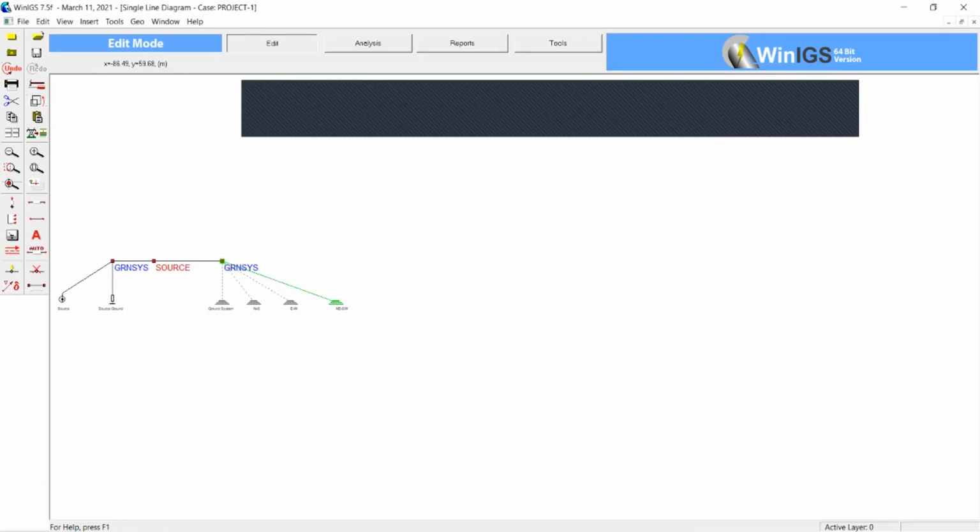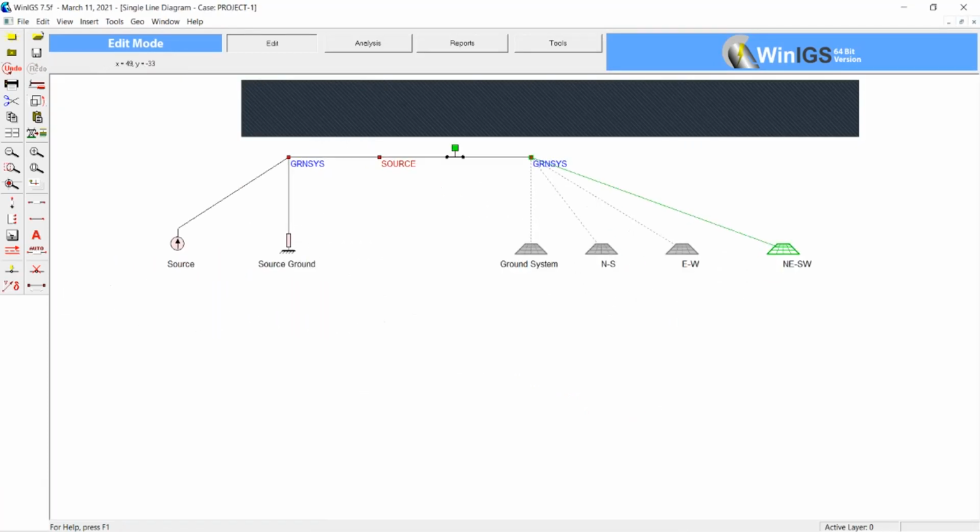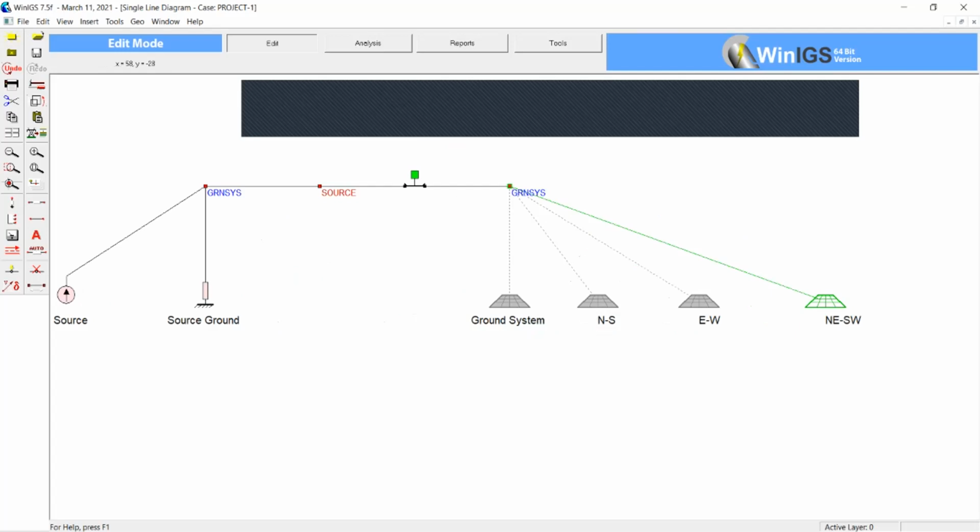So these three models, NSEW and NASW, we used in order to get the soil model for different soil resistivity data. Now we will deactivate all those three.